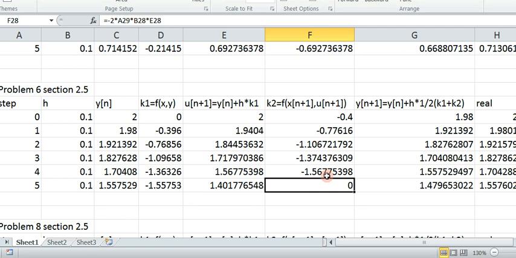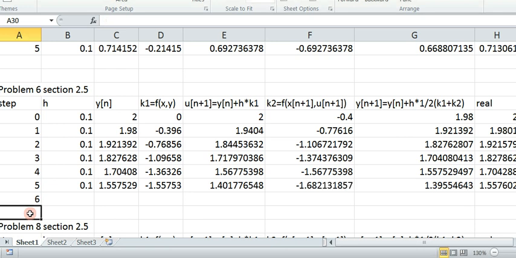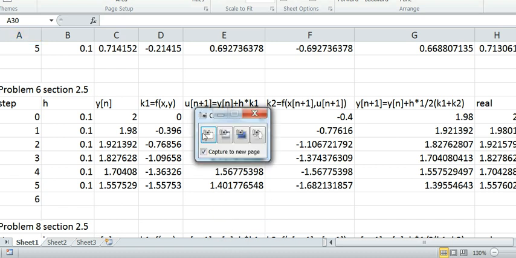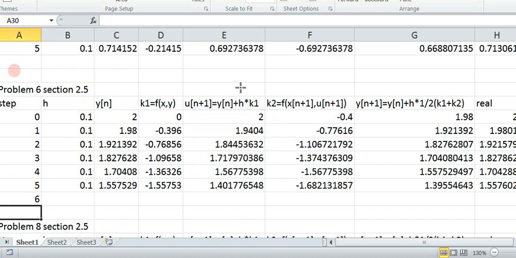Okay, so we need a 6 sitting here so that that's not a 0. There we go, much better. Okay, and again we're closer than the method we had before in the last section, so that's good.